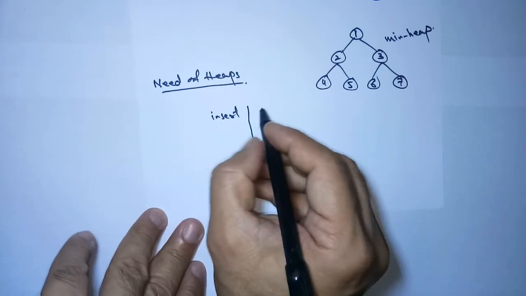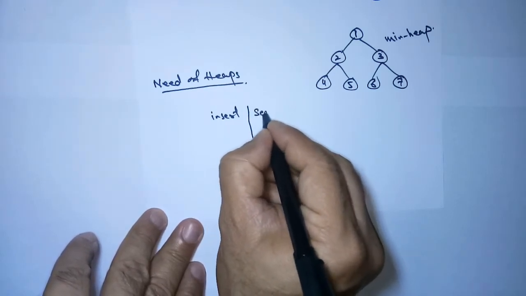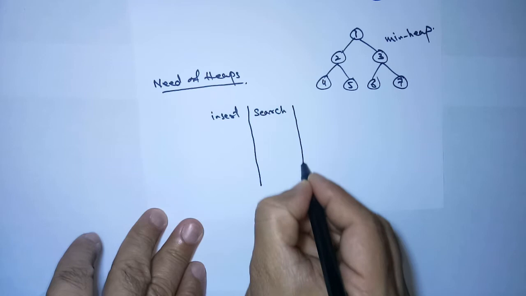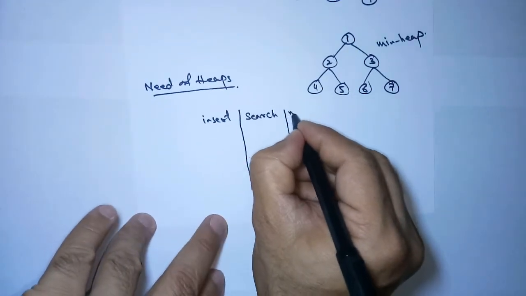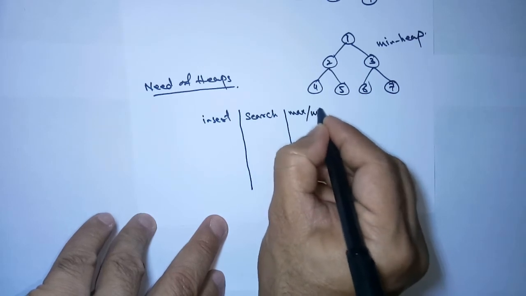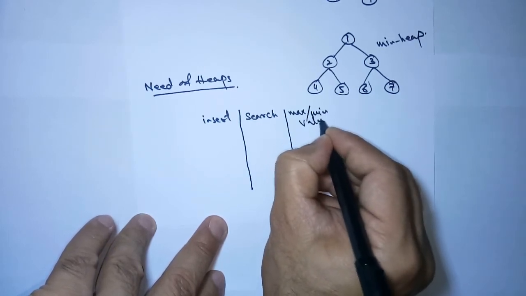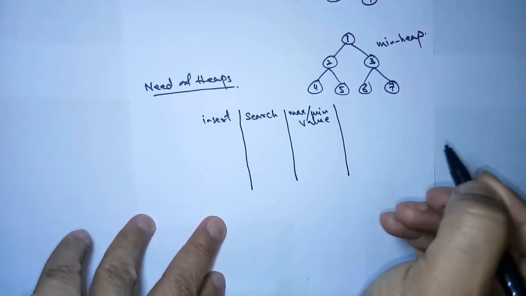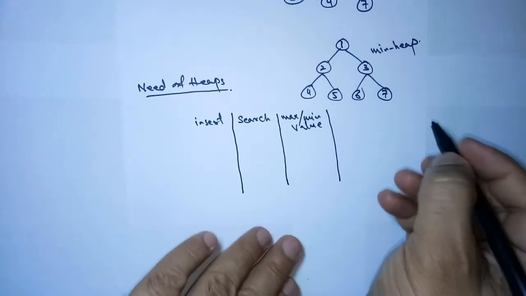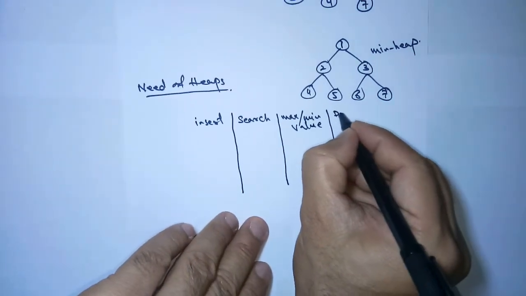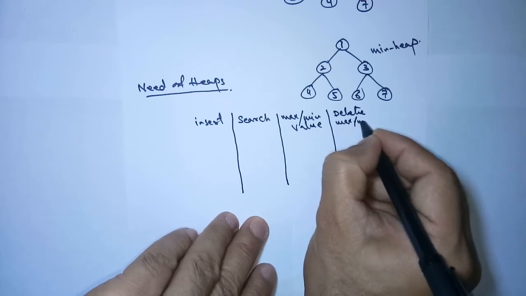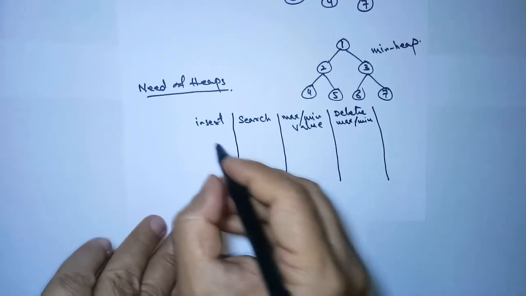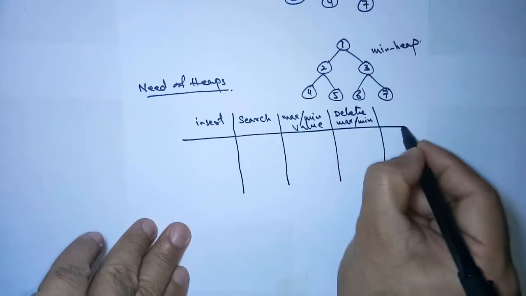I want to search an element, or find the element, and I am interested in finding the max or the min value from that data, and I want to delete the max and min value, like we do in priority queues.